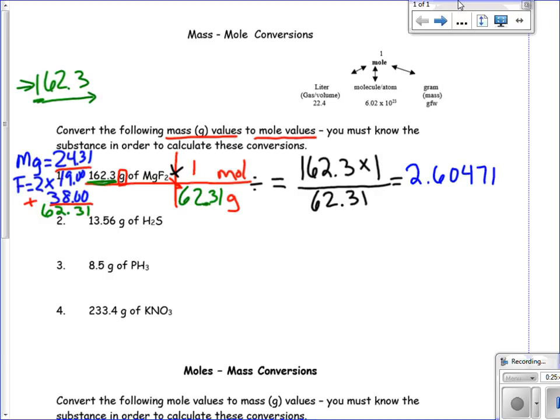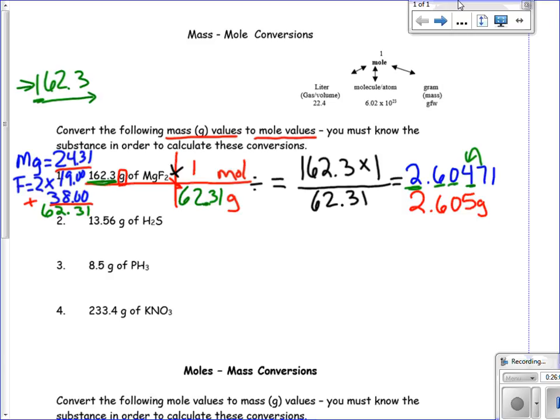So over here in my answer, I only get to keep 4. 1, 2, 3, 4. Start from the left and start counting over. Now, with my 4, do I round it up to a 5 or leave it alone? The 7 next to it makes me want to round this up. Correct. So we are going to end up with 2.605 grams.